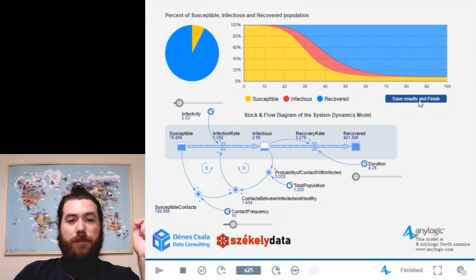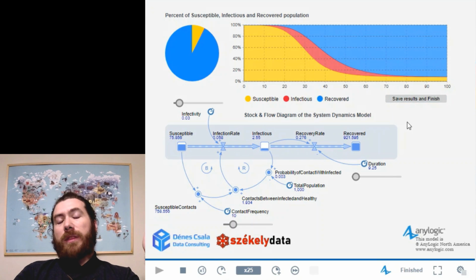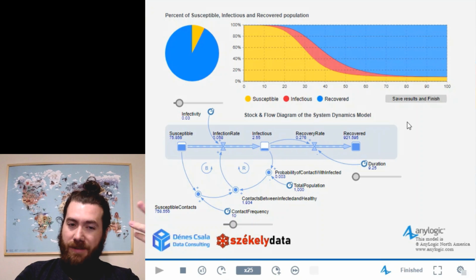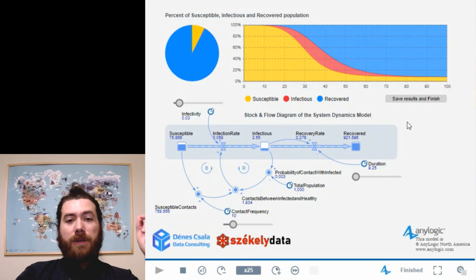So we don't really care about this, even if a disease is highly infectious. If the recovery time is very, very quick, we just say, you know what, it's fine. It's not worth the effort. People will recover, and it will not affect a large portion of the population.